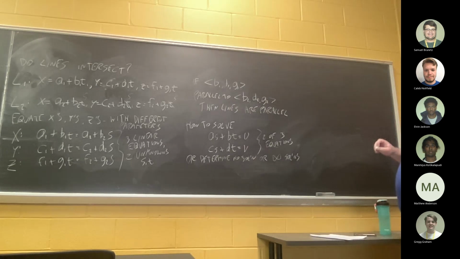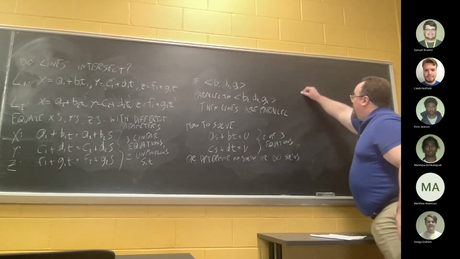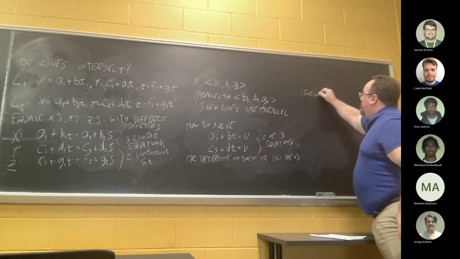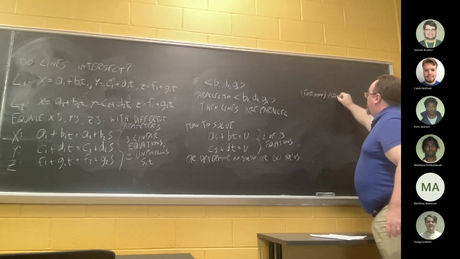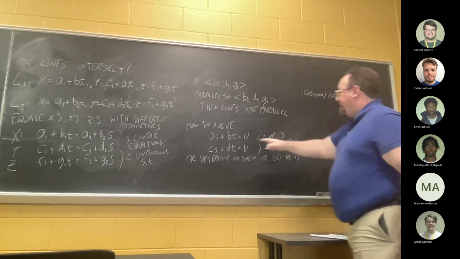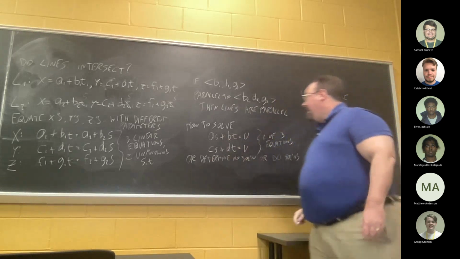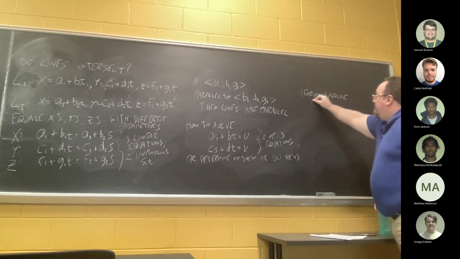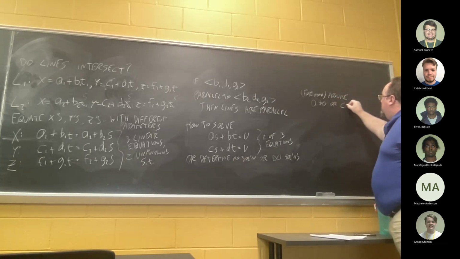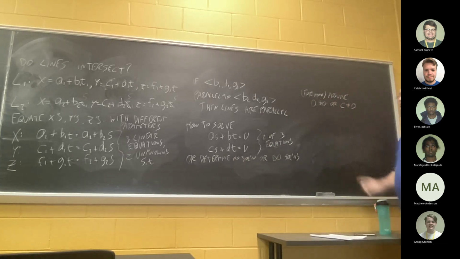All right. So what I'm going to do for now is make an assumption about these coefficients that you get of S and T: A, B, C, and D. I'm going to assume that one of these is non-zero.